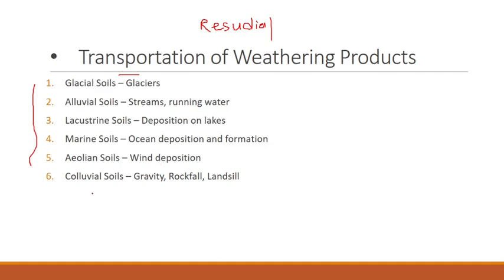And our last group is formed by movement of soil from its original place by gravity, such as during landslides. As we see, this transportation is by ice, water, wind, and gravity.